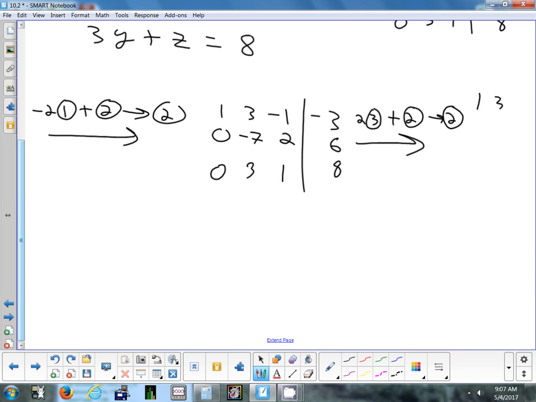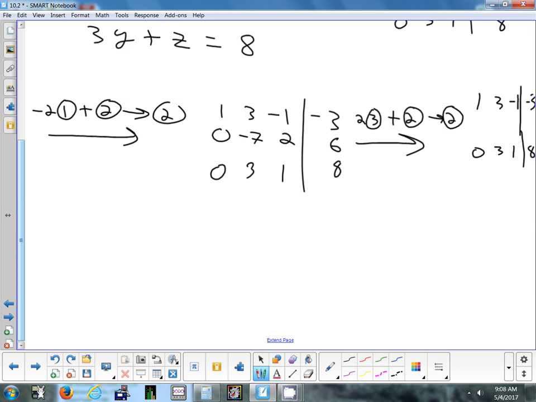First row stays the same. Third row stays the same. 1, 3, negative 1. I think I drew my line through it by accident, but thank you. That would have been confusing.